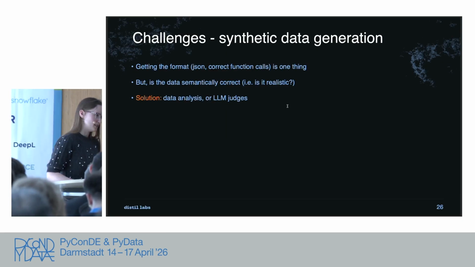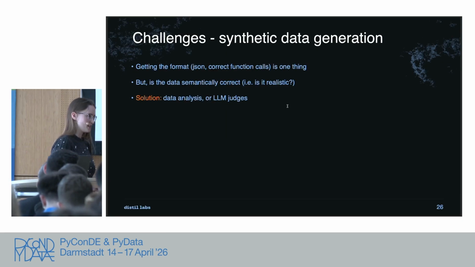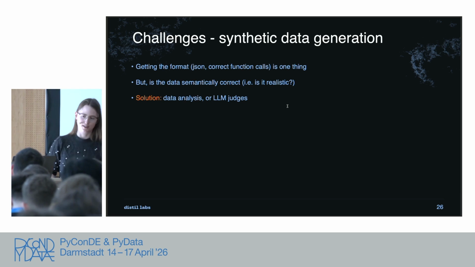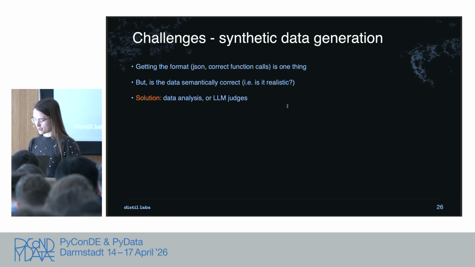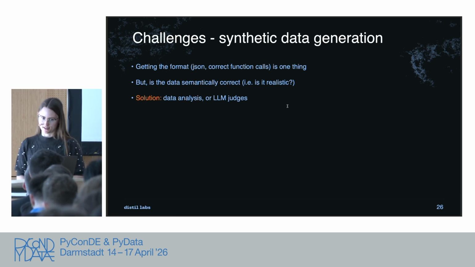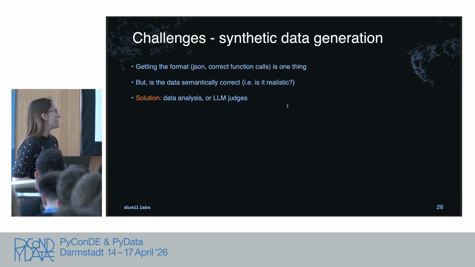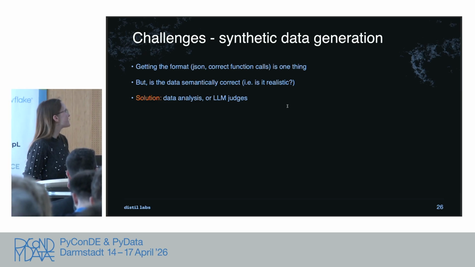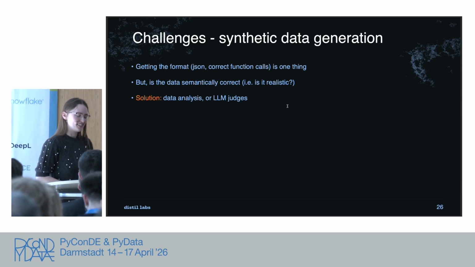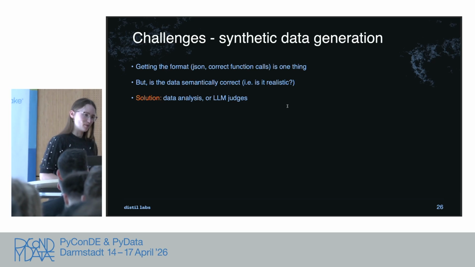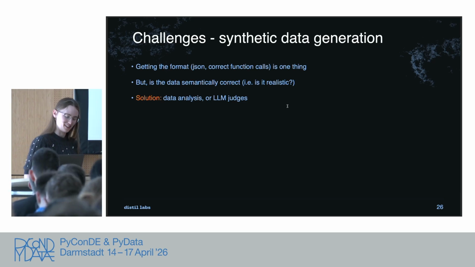Is it something that the user would ask, or is it similar to the distribution that you're going to get in practice? That is a good question, and if you have another answer than this, then please tell me, because it's something that probably everyone who works with LLMs is asking themselves.